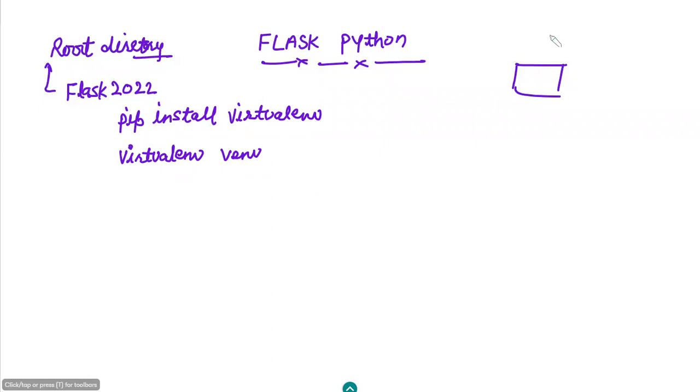Now, in the next step, we need to activate this environment by writing a short command: VENV slash Scripts slash activate.